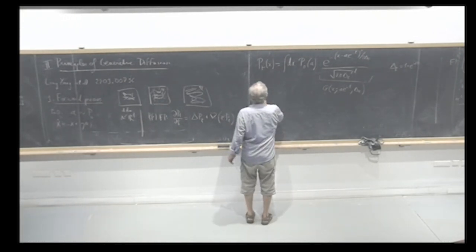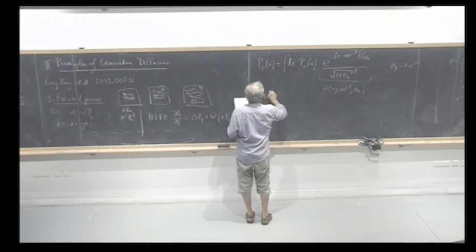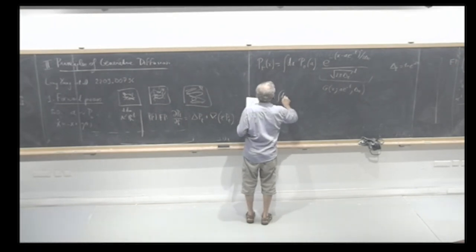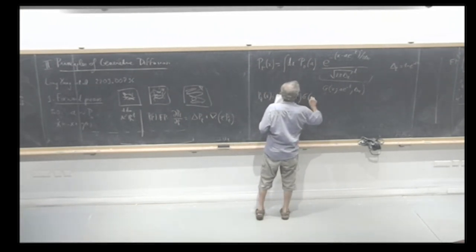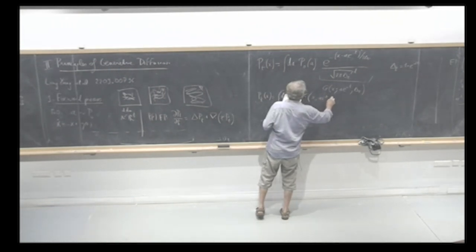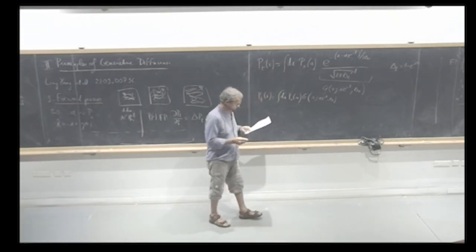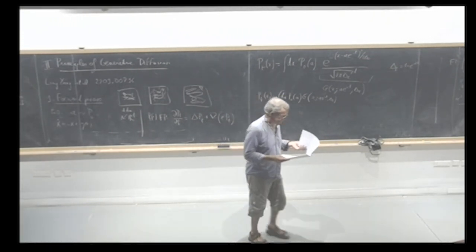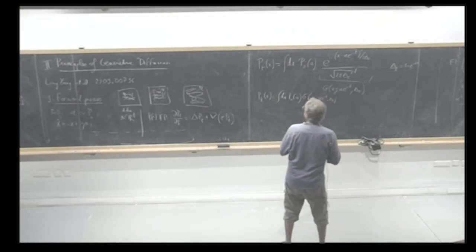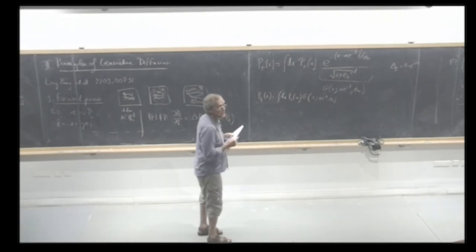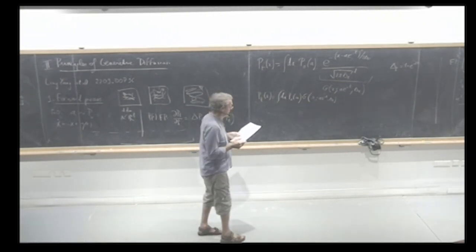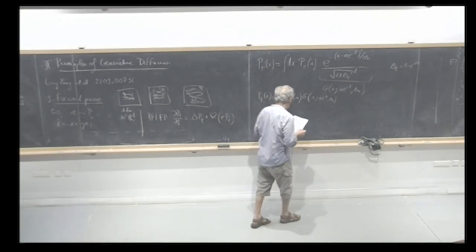So I find that pt of x is equal to the integral dA p0 of a times the Gaussian of x, a e to the minus t, delta t. Okay, so this is the forward process, basically what we had been doing before. So we know all that.